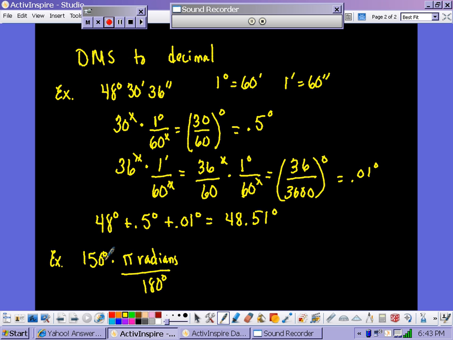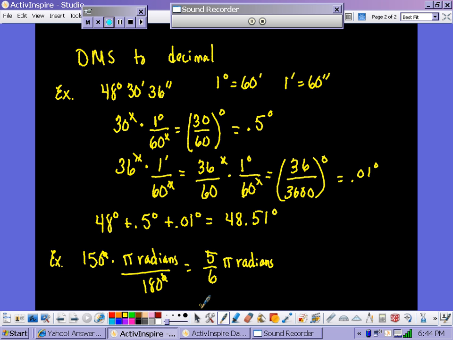Again, we're converting this, so that means that the degrees are going to cancel out. And now I just want to reduce this. In order to reduce this, I'm going to end up with 5 over 6 pi radians. Notice I didn't multiply it by pi, I just multiplied it by the radians. So now we converted 150 degrees to radians.